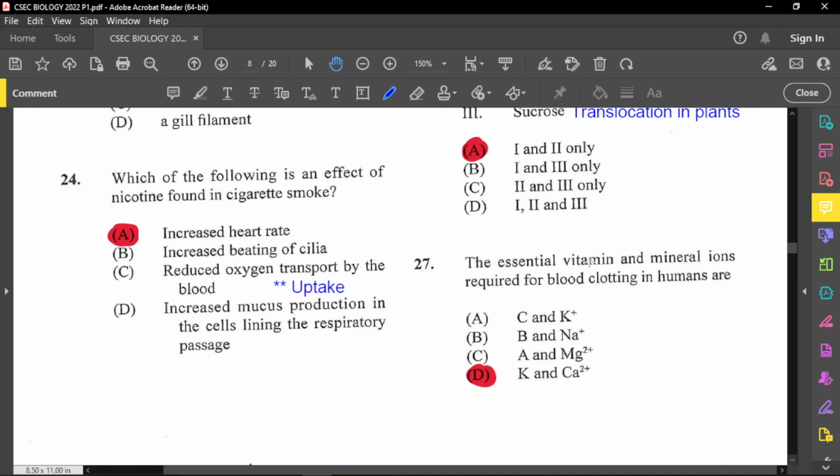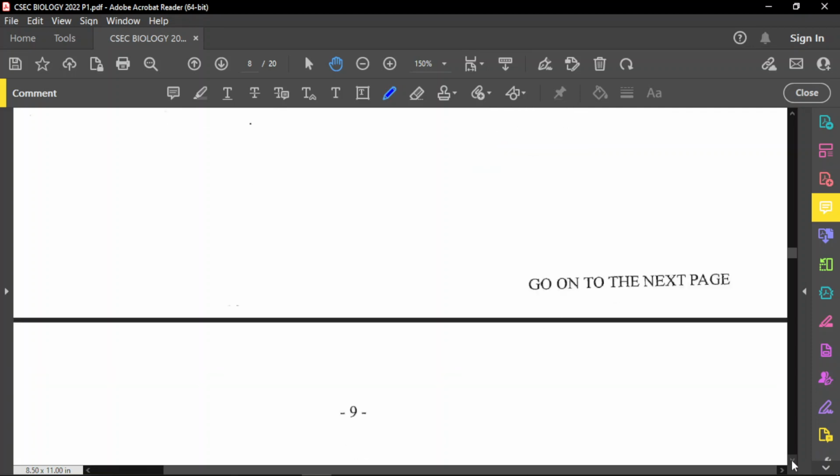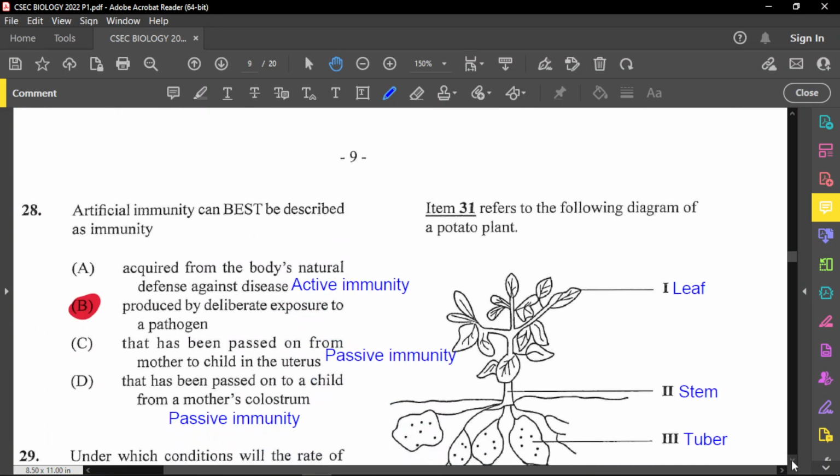And so here we are at question number 28. It reads that artificial immunity can be best described as what? Now we think about immunity and the word artificial, it means that it is by man, right?